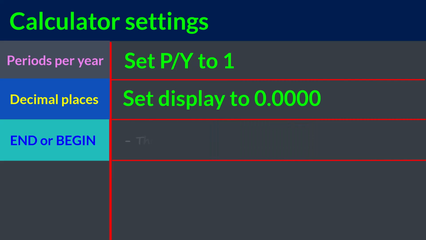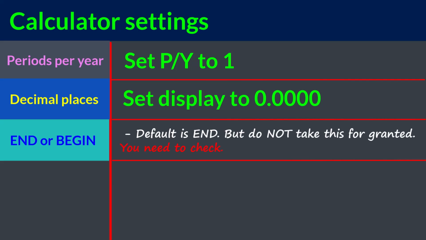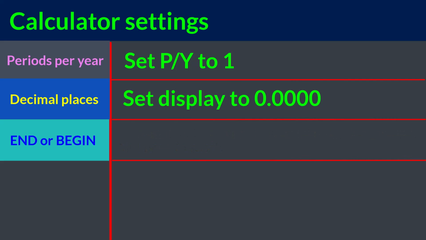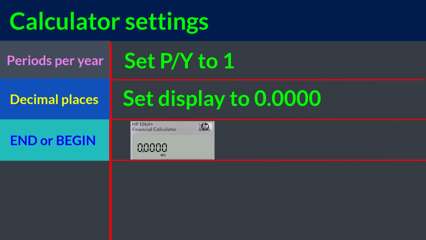An incorrect setting will result in significant errors in your calculation results whenever there are repeating cash flows down the timeline. Most financial calculators are set by default to end mode. If you have instead switched to the begin option, the calculator display shows a status indicator such as BEG or BGN, but this is very small and easy to miss.